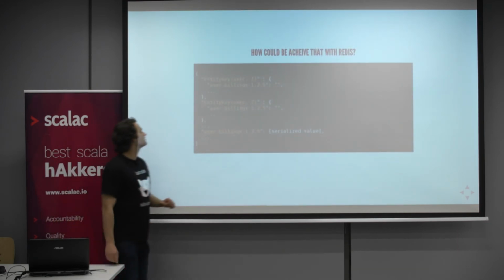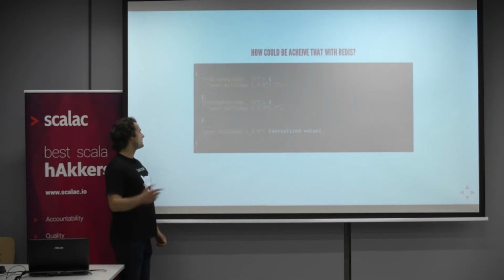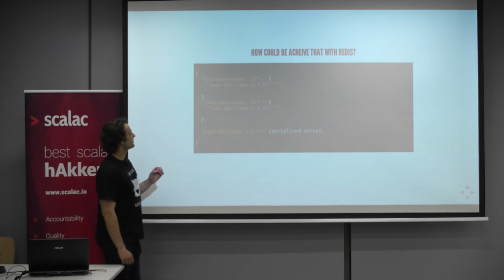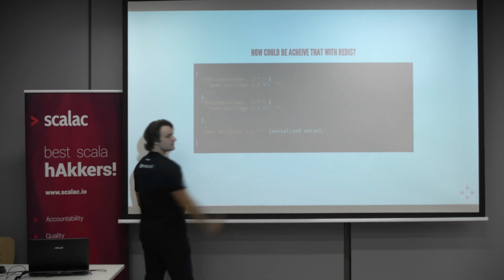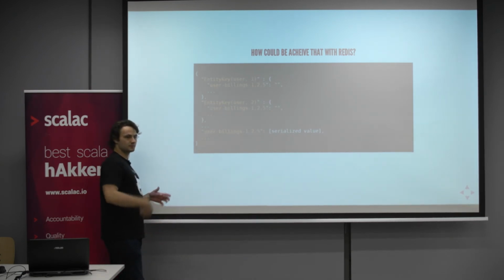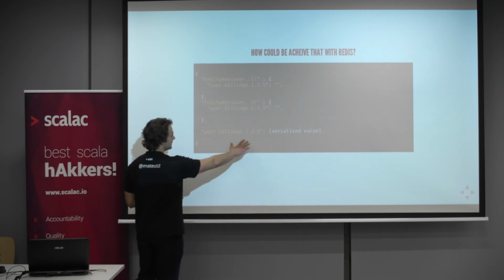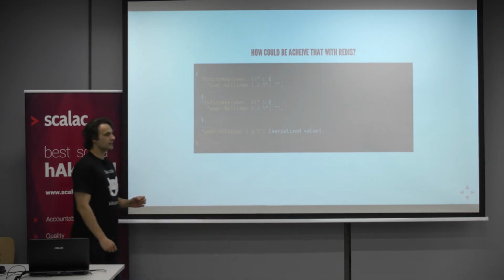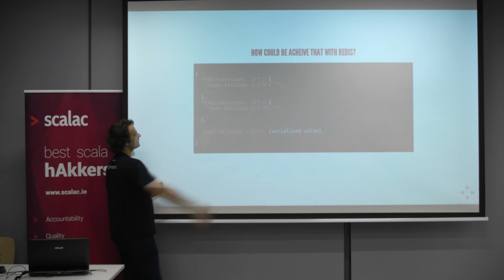Okay, so it will be the easiest to explain with this slide. So basically, value key is the name of the key under which you store the results of your calculation. For instance, if you're calculating user billings for users 1 to 5, it will be here. The entity keys is this.